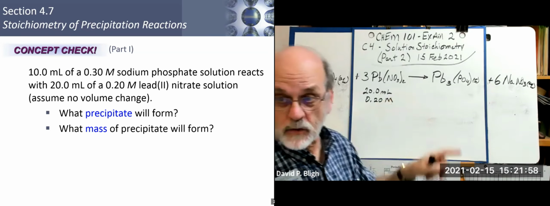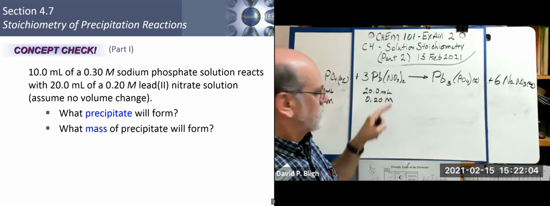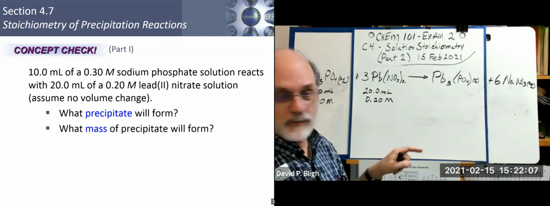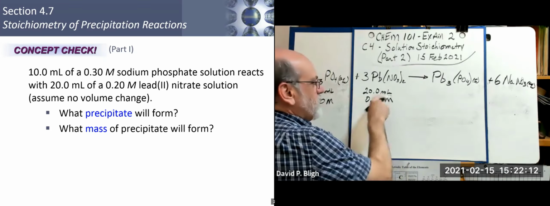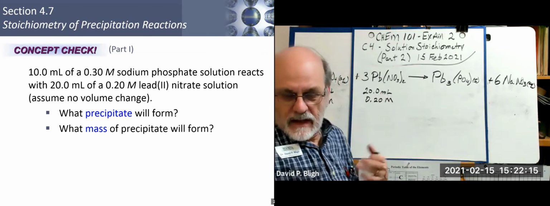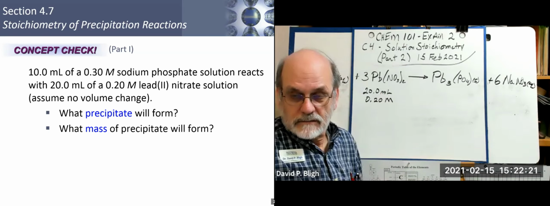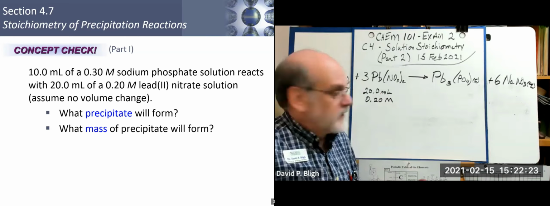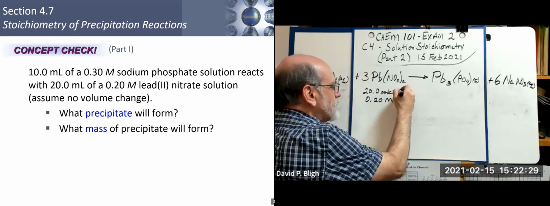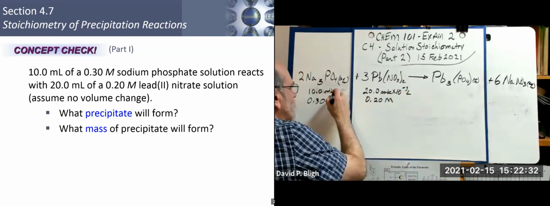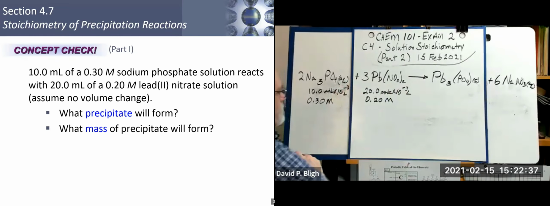So how many moles do we have here? Molarity times volume equals moles. So we just need to change this to liters multiplied times molarity. That gives us moles. Milliliters is how many liters? Times 10 to the minus third, 1,000 milliliters. So we convert this into 10 to the minus 3 liters, and this times 10 to the minus 3 liters.